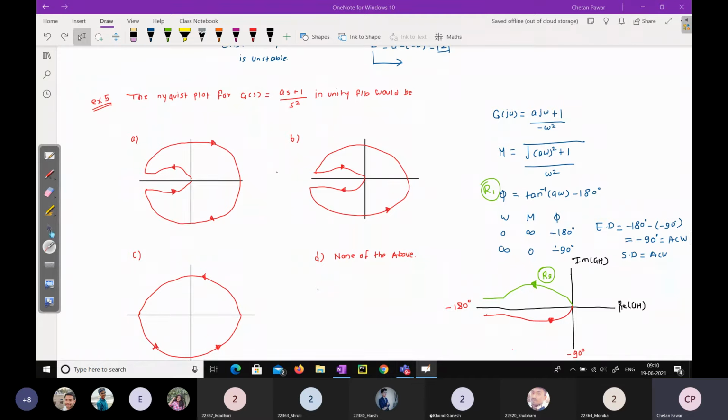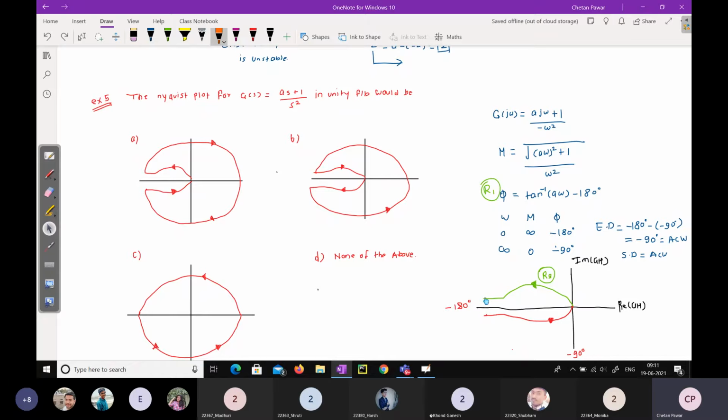We have written the note that the number of infinite radius semicircles will be equal to the number of poles at the origin. So there will be two infinite radius semicircles in a Nyquist plot. I will draw two infinite radius semicircles, and that direction will be the Nyquist contour direction, clockwise.